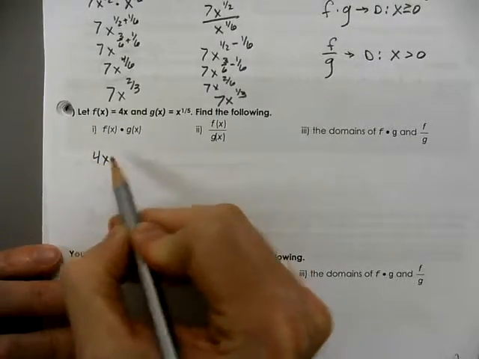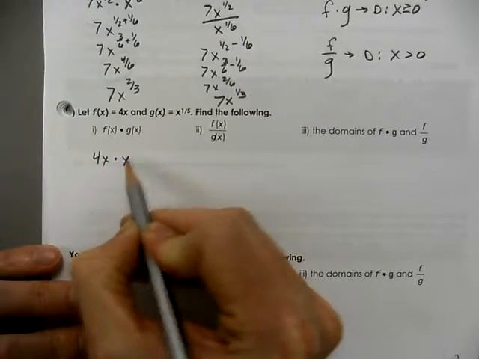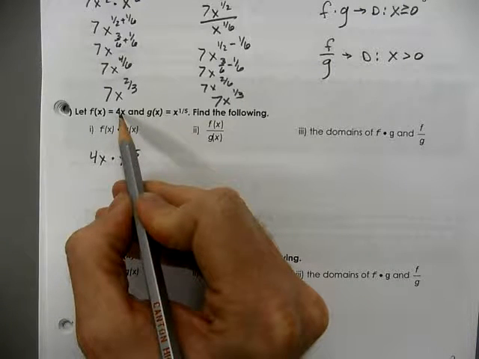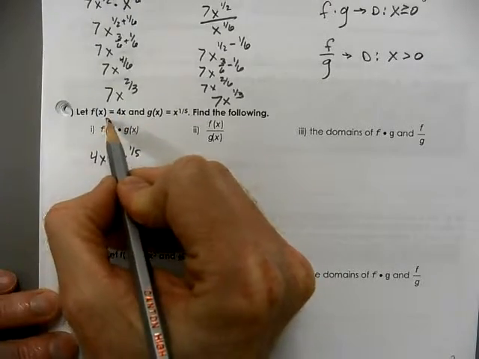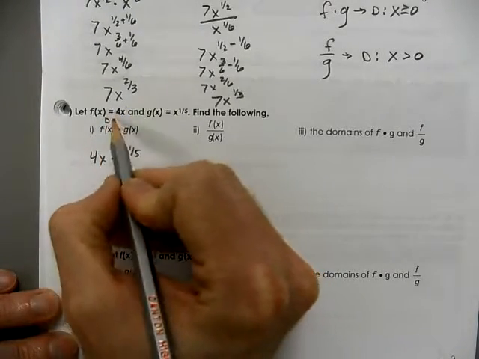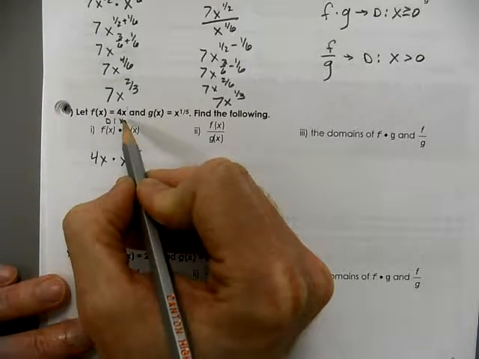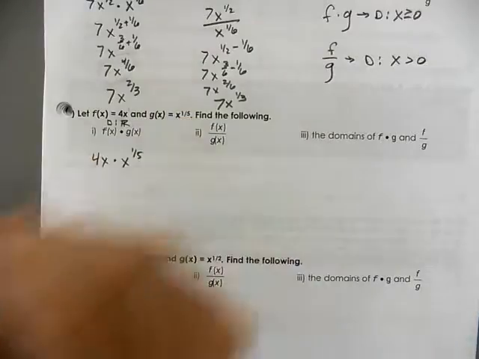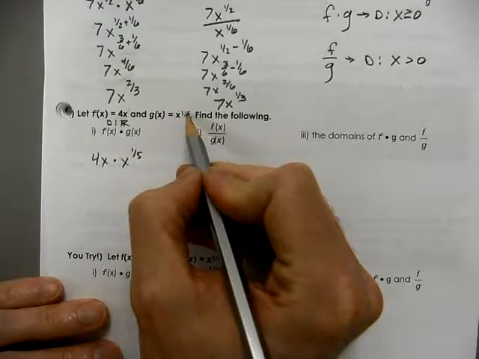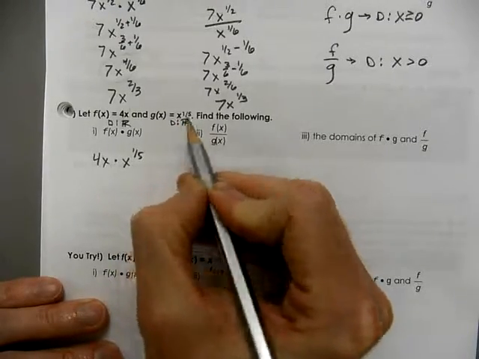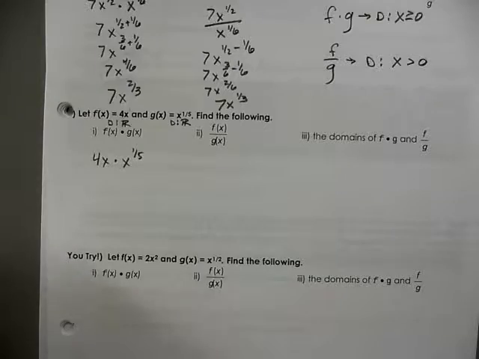So we'll take our 4x and our x to the 1/5. Well, what's your domain for 4x? The domain for an odd is going to be all real numbers. And here, since the denominator is odd, the fifth root can deal with negative numbers, so it's all real numbers.